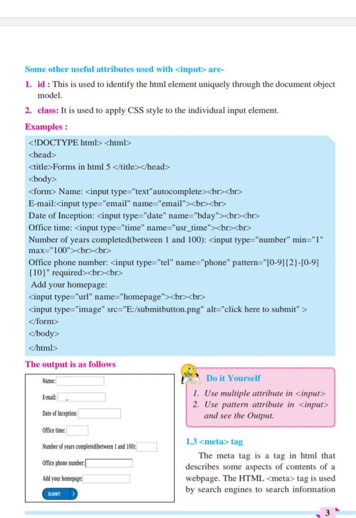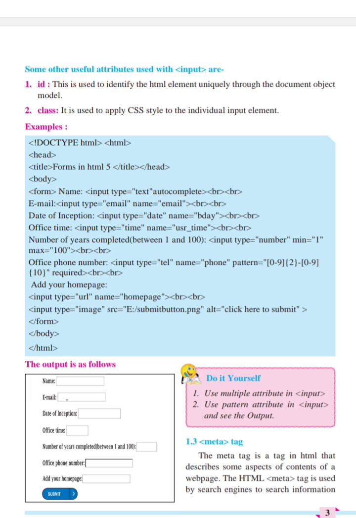Further, we are going to learn about CSS, that is cascading style sheets. On the basis of what we have learned now, the input elements and restriction attributes, we have one example here.